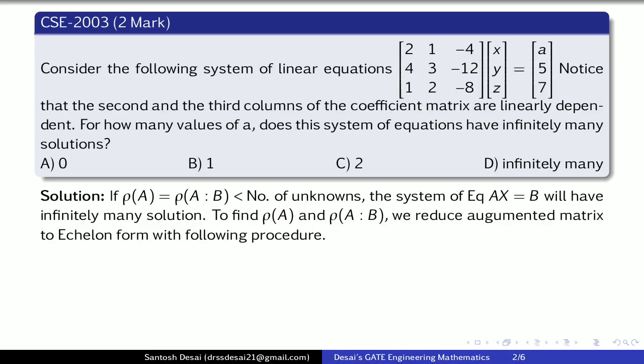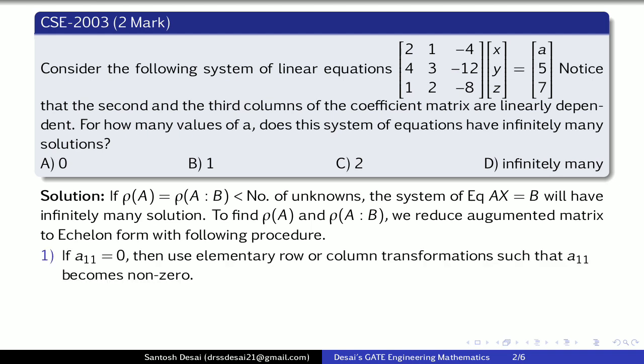So to find rank of A and rank of AB, first we write the augmented matrix AB and then we reduce it to echelon form with the following procedure. First, if a11 is equal to 0, that is, the first element of the first row is 0, then use elementary row or column transformations such that a11 becomes non-zero.